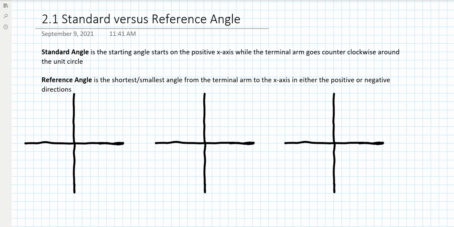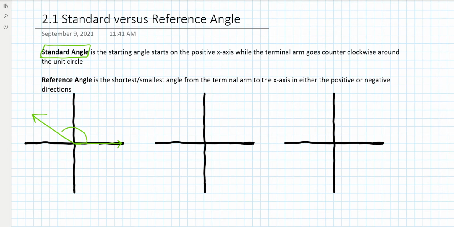So the deal here is basically that a standard angle, which we'll be using green for, is the distance going around in a unit circle, or basically the angle from the positive x-axis going around to the terminal arm.